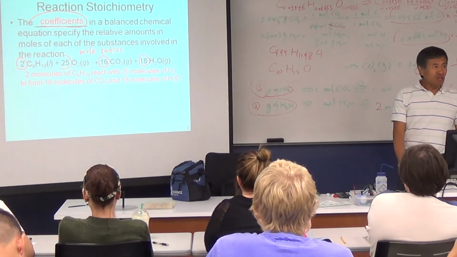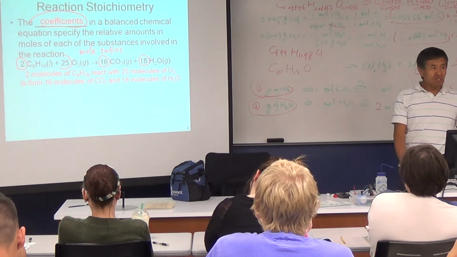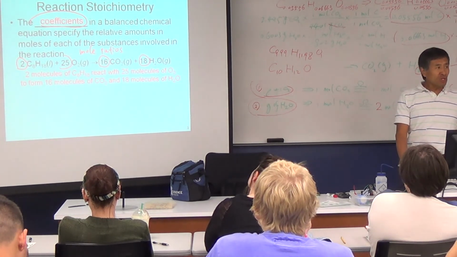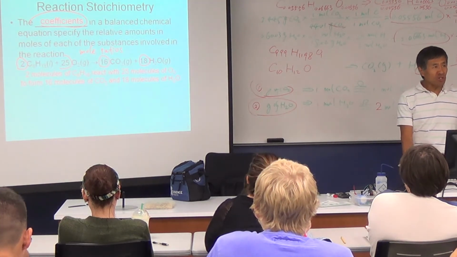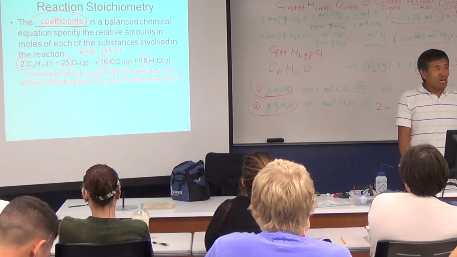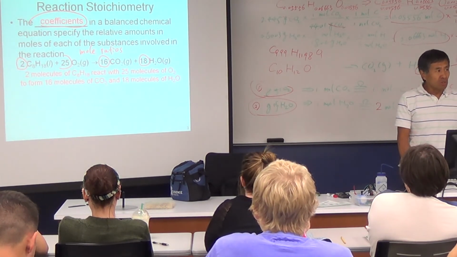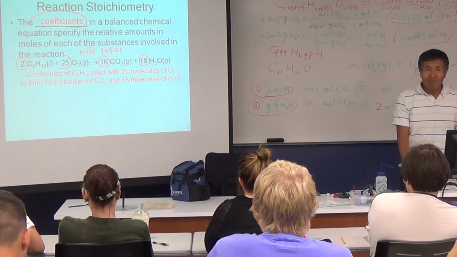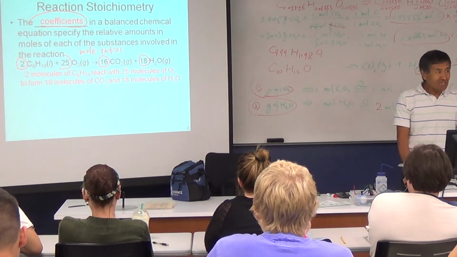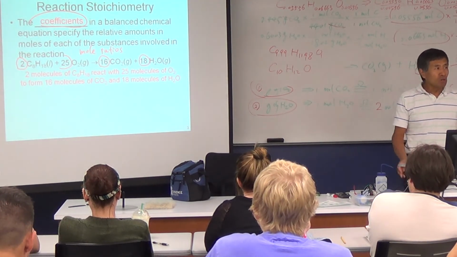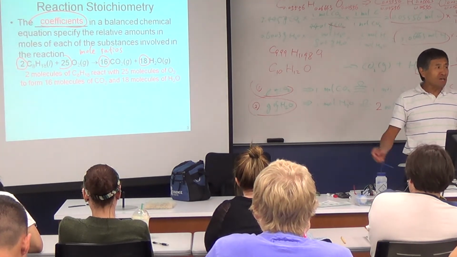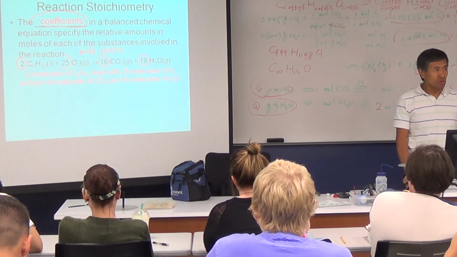If you have reactants in those ratios, we call them stoichiometric ratios, which means their amounts are exactly the ratio specified by the balanced equation coefficients.